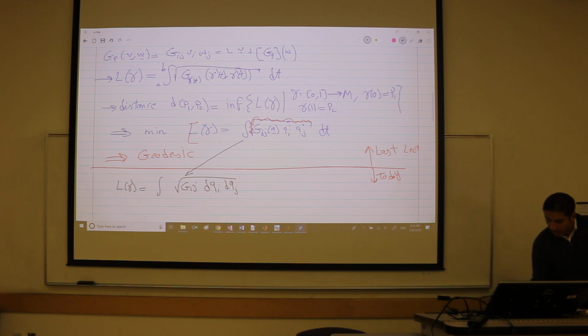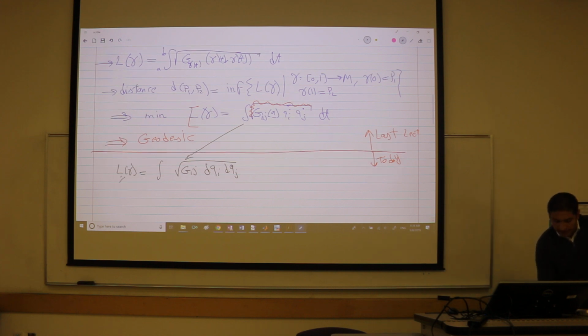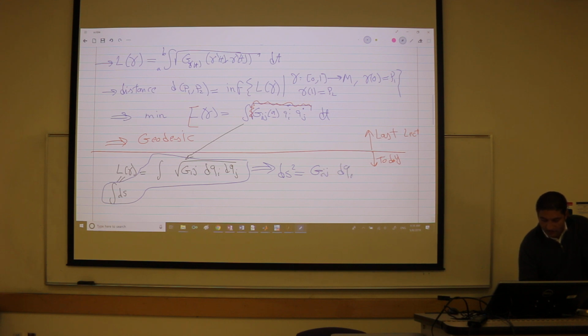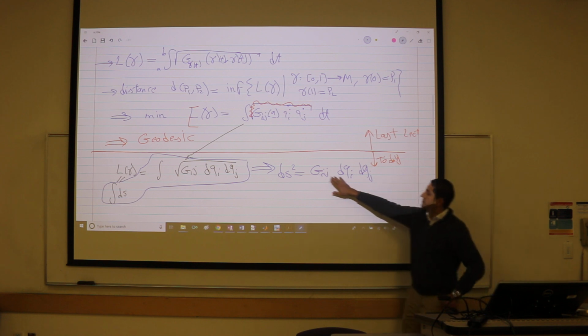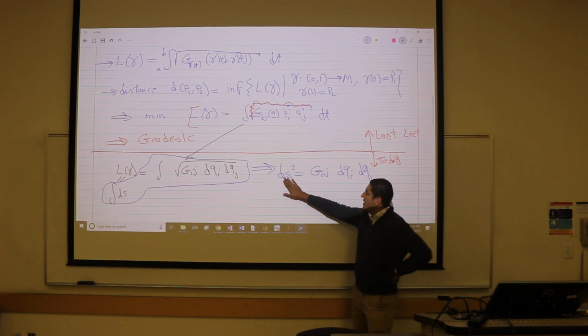Okay, and by definition, for a length over a curve, it's the integral of the element length, correct? So now I can combine these two. From this equality, you get that ds squared is g_ij dq^i dq^j. So the Riemannian metric gives you a formula for your length element.